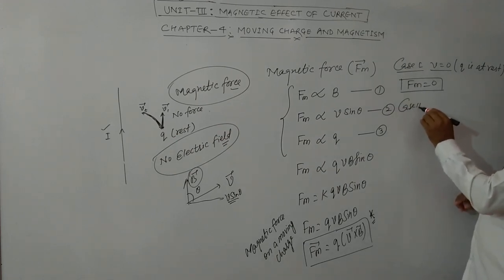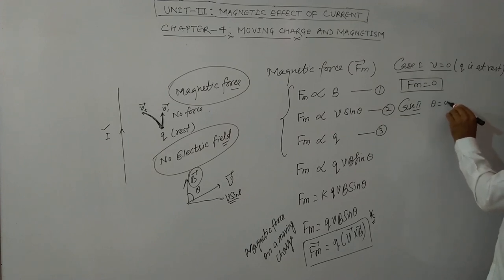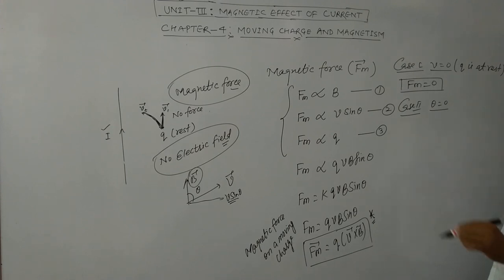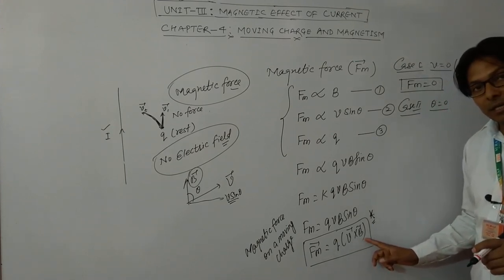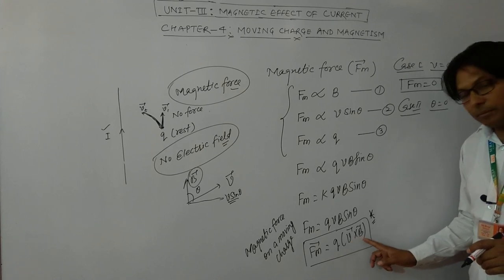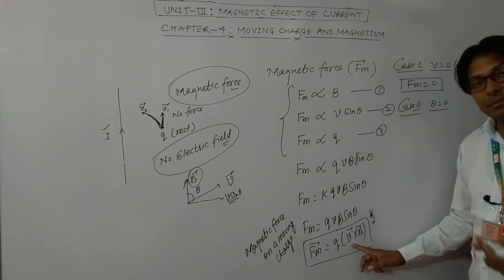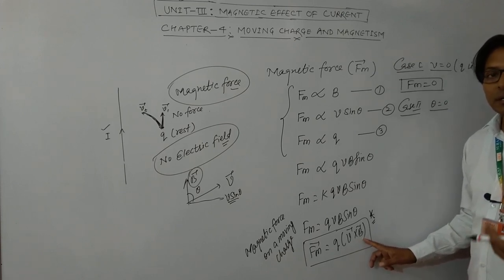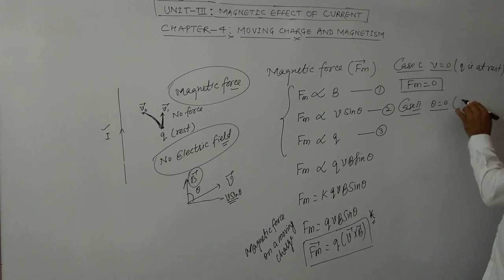Now we are talking about the second case, that if theta is equal to 0. Theta is the angle between the velocity vector and the magnetic field vector. So if the velocity and magnetic field vectors are in the same direction, or the charge is moving in the same direction in which the magnetic field is being applied, then definitely the angle will be 0. V vector is parallel to B vector.